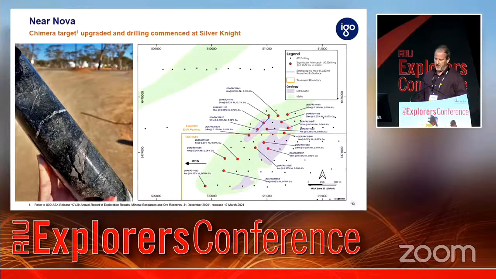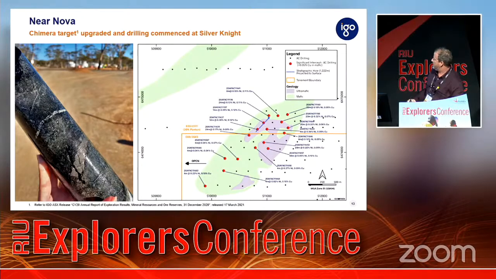So Chimera here, this was identified from aeromagnetics, and then we did some air core across the area. What you can see here is that anything with the red dots, anomalous geochem, numbers of 0.3% nickel, 0.1% copper is fairly typical. Because we're getting even mixtures of nickel and copper, we know it's magmatic nickel, so we're in the right belt. And like I said, we've tested this area with ground EM, and we know it's ineffective in this particular area because it's underneath conductive cover.